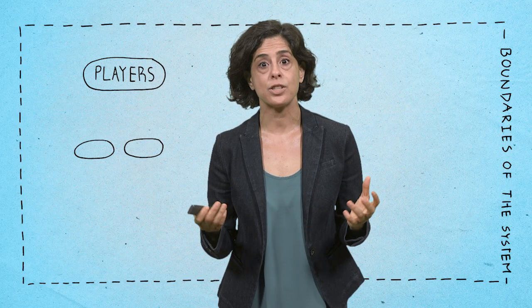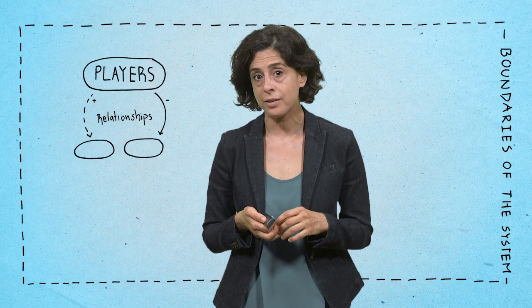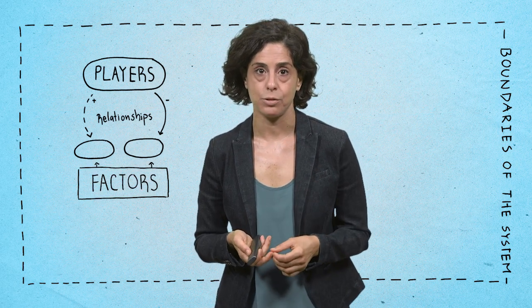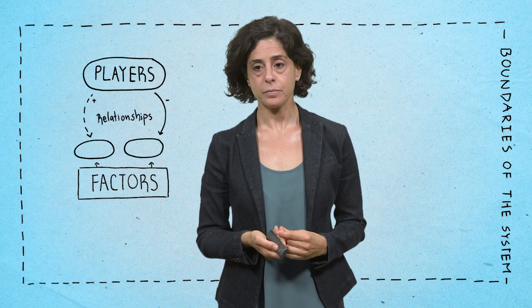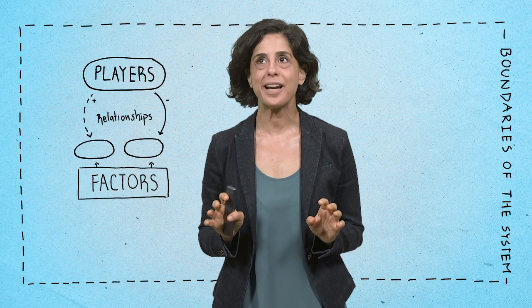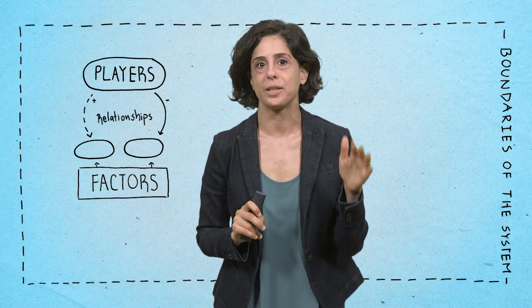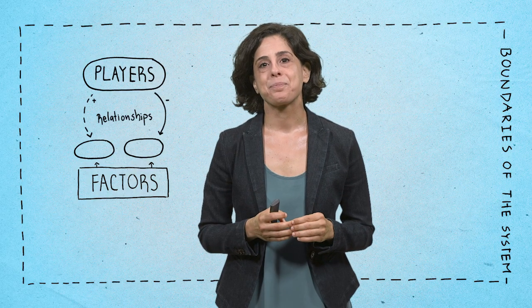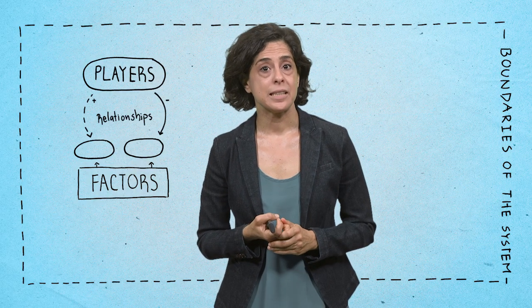It could be even something global. You want to identify the players in that system and understand the relationships between those players and the factors affecting those relationships. And here's where it really does help to draw out a diagram. You can't really do systems mapping with a bullet list. You can even use software to create a systems map.